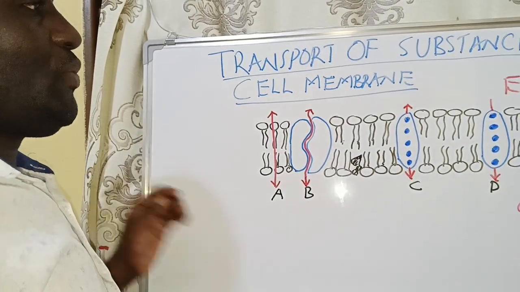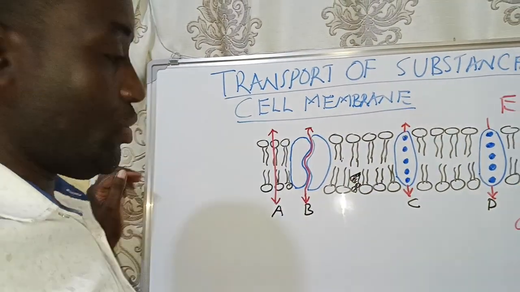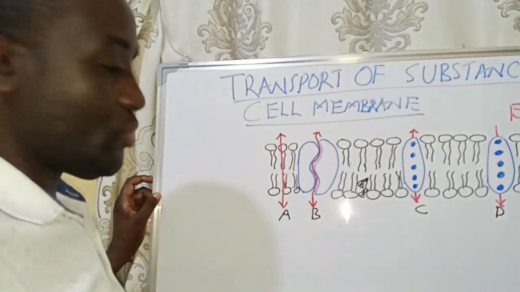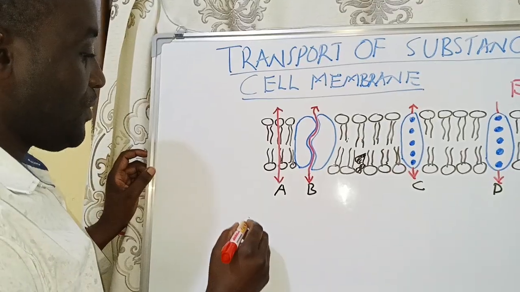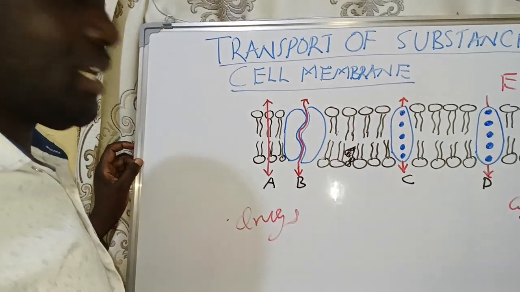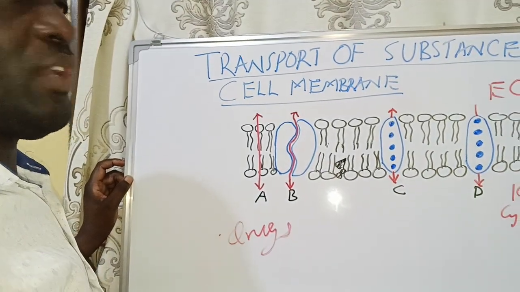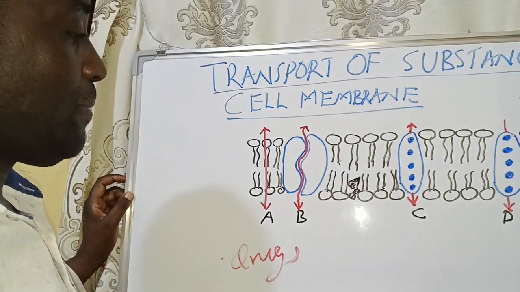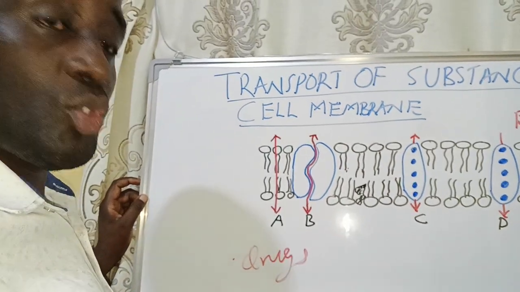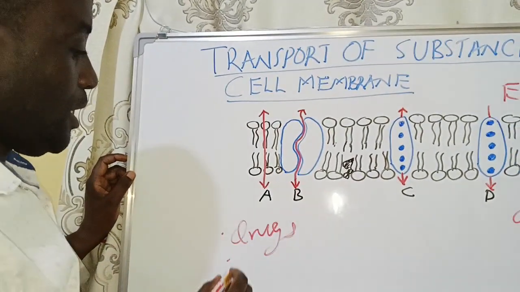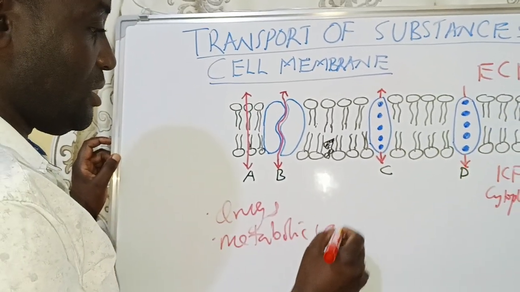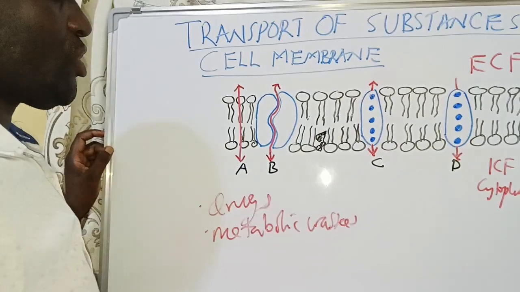Now, before we get to know how materials enter or leave cells, we need to first of all know which materials are those that have to enter or leave cells. First of all, we can think of drugs. If you have ever gotten a disease like malaria and you're given drugs like Coartem or whatever, these drugs have to enter cells. But also, metabolic wastes have to leave cells.